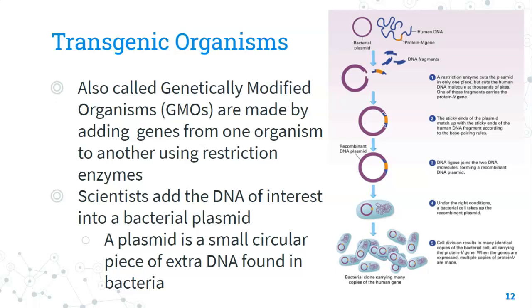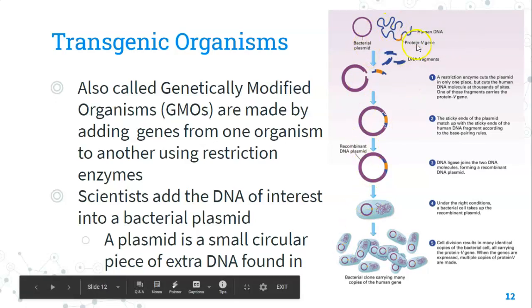So what they do here is that scientists add the DNA, whatever it is that we're interested in using, whether it's the human insulin gene, whether it's some sort of pesticide, it could be anything. But whatever DNA the scientists are interested in, they plug that into a bacterial plasmid. And a plasmid is just a circular piece of extra DNA that's found in bacteria.